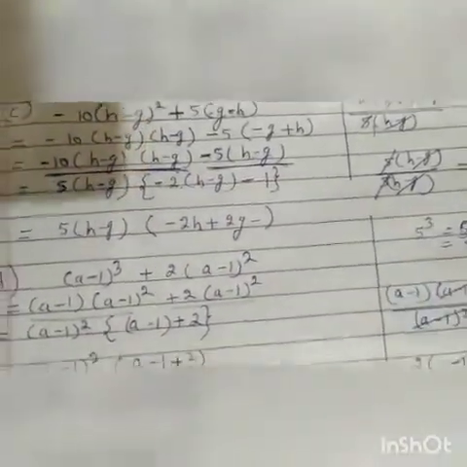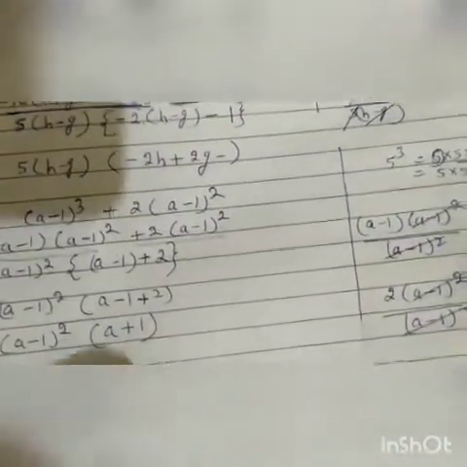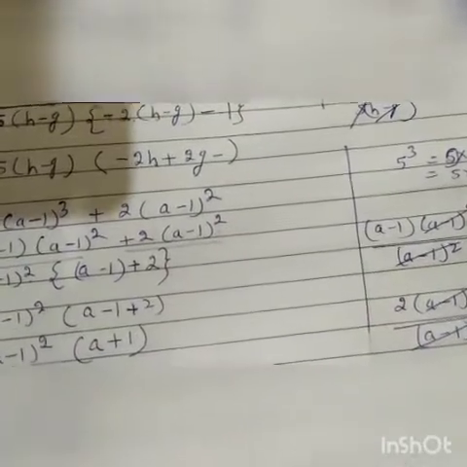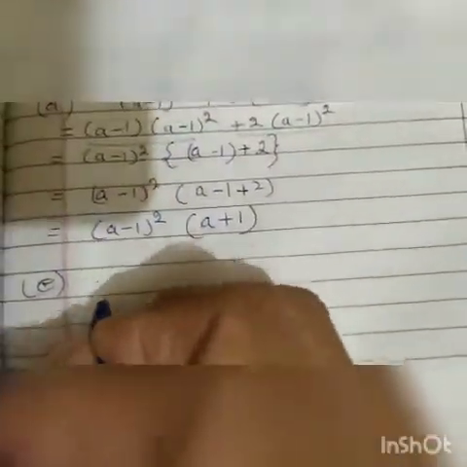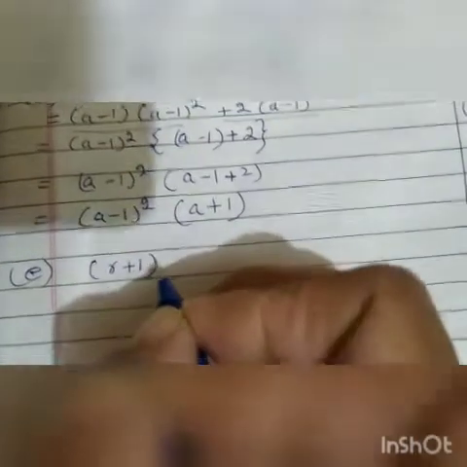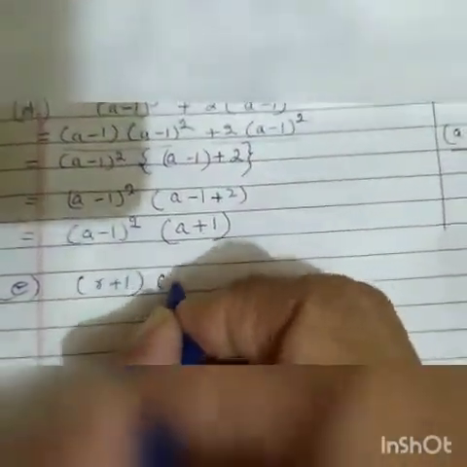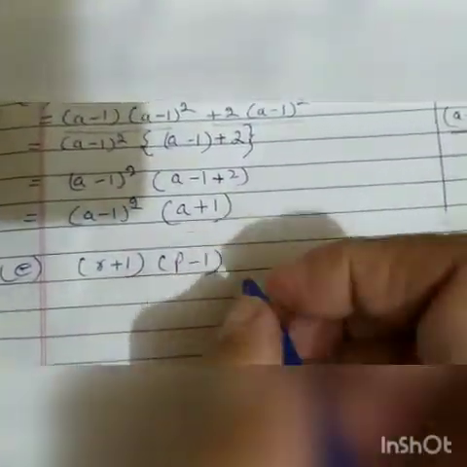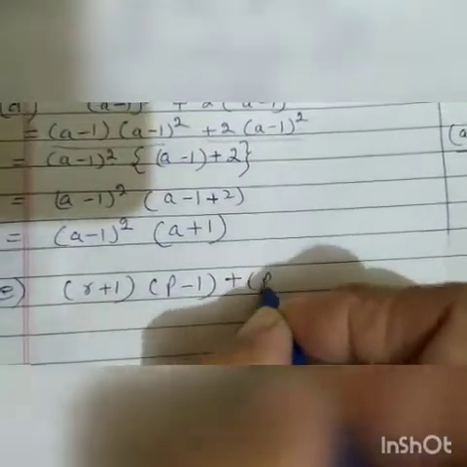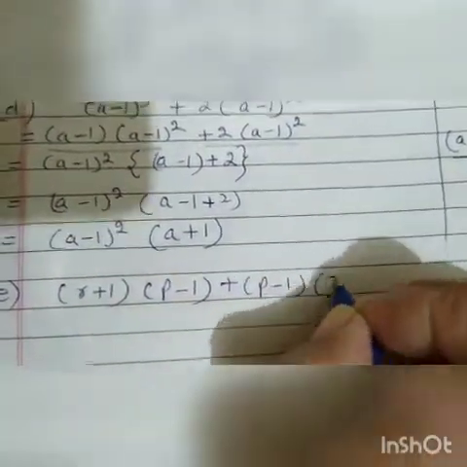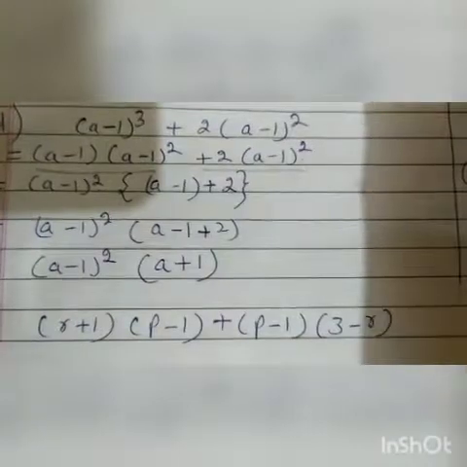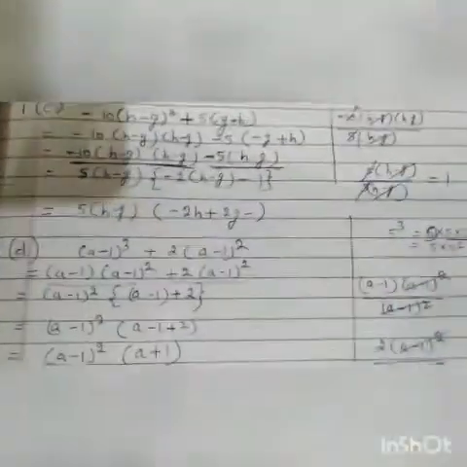Next, E part. E part is (r plus 1)(p minus 1) plus (p minus 1)(3 minus r). So students, see it.